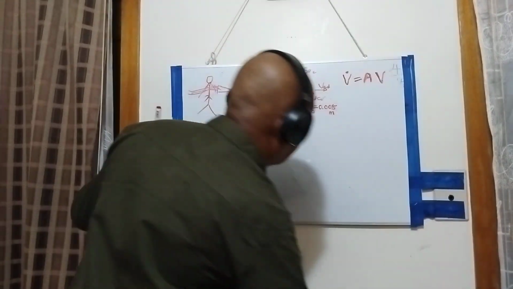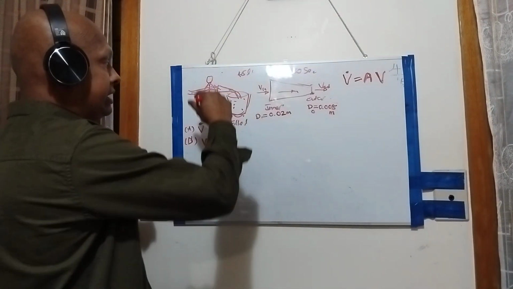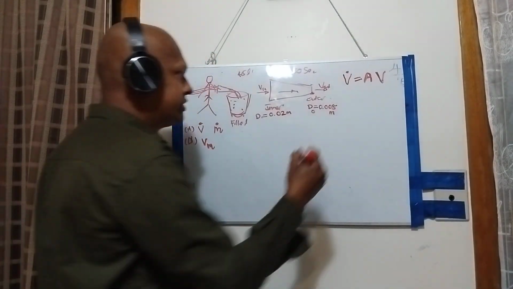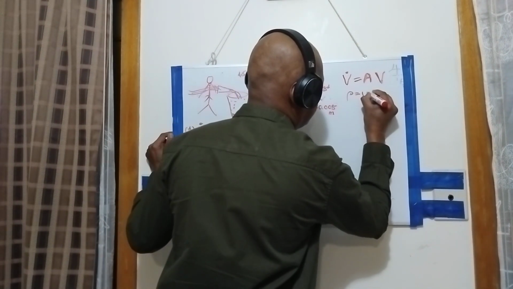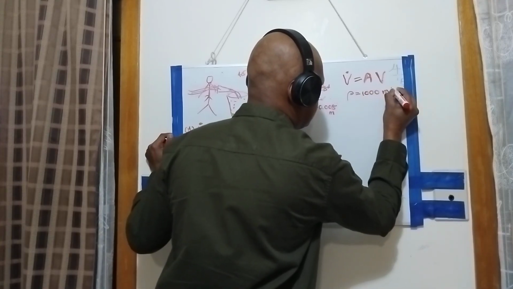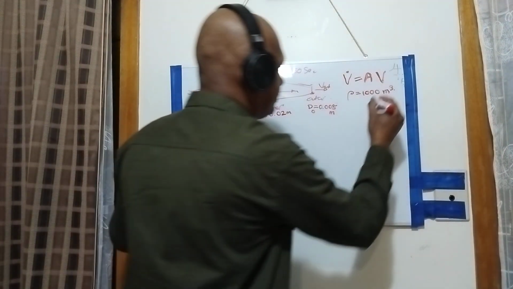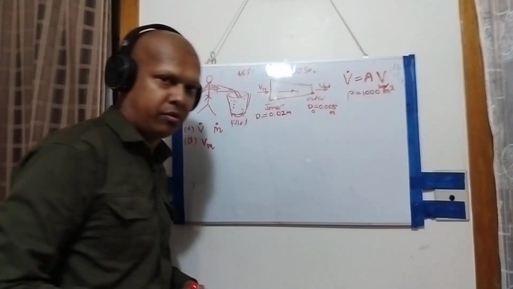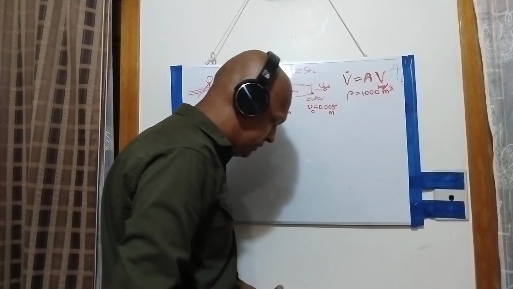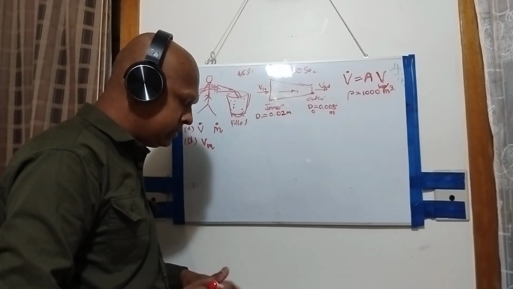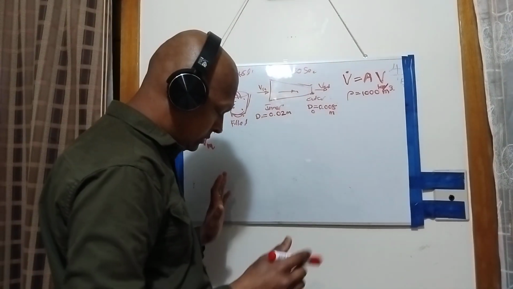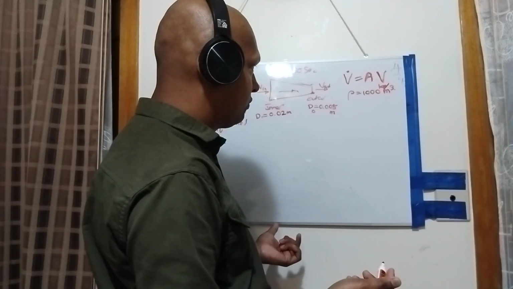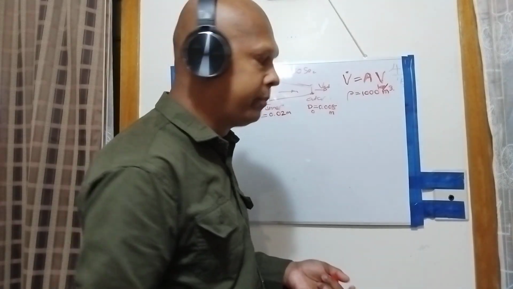The medium we use in this problem is water, so the density is going to be 1000 kilograms per cubic meter. That's the density of the water. Now we need to calculate the volume flow rate of the flow.